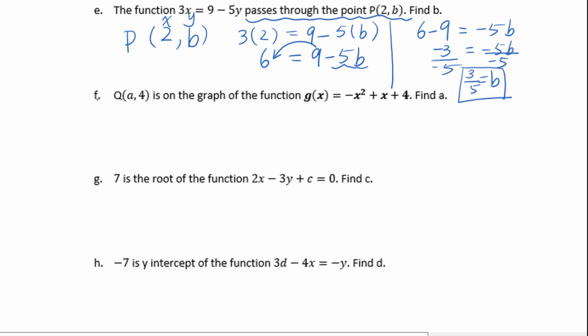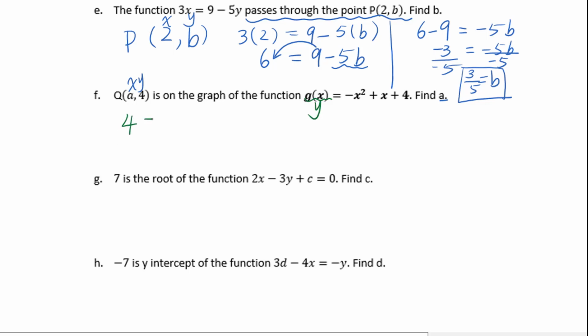Let's go to F. Q (a, 4) is on the graph of a function g of x equals -x squared plus x plus 4. Find a. This is x, here's y. So we plug in. We know g of x means y.